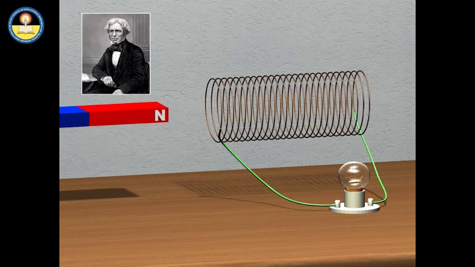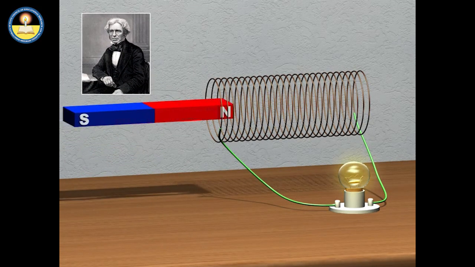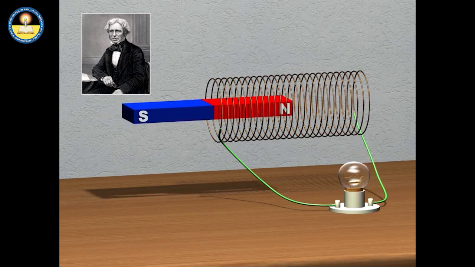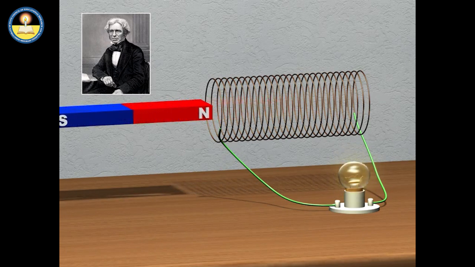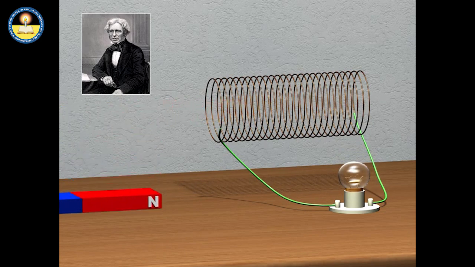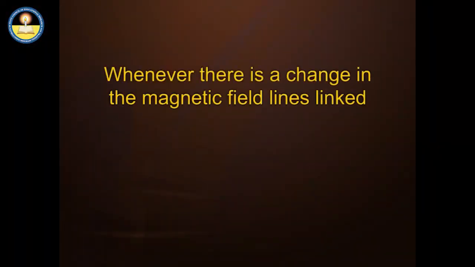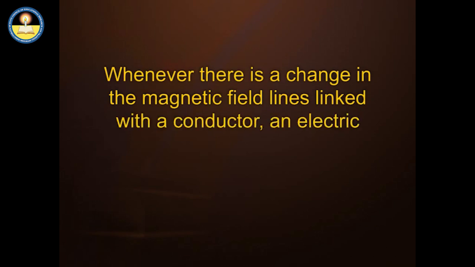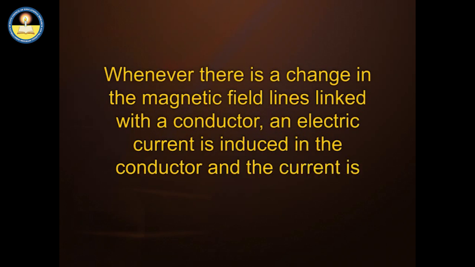He not only clearly demonstrated the phenomenon of electromagnetic induction, but also developed a good understanding of the processes involved. He hypothesized that whenever there is a change in the magnetic field lines linked with a conductor, an electric current is induced in the conductor, and the current is called induced current.